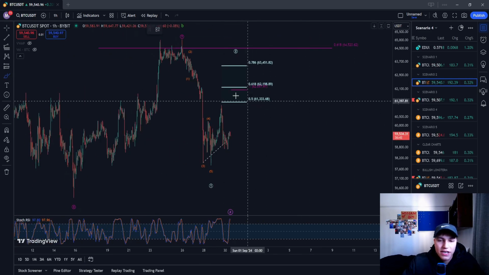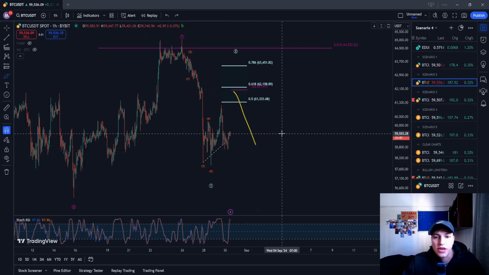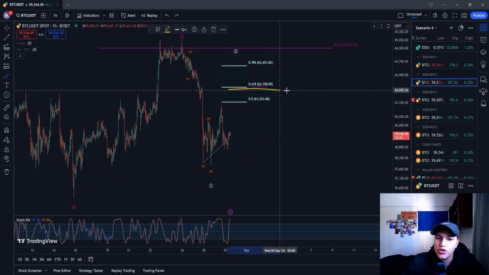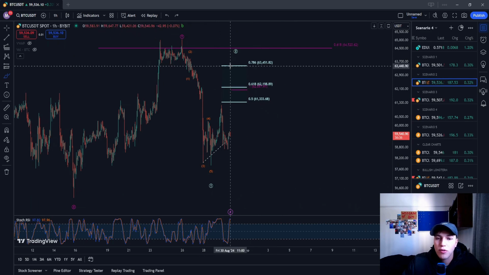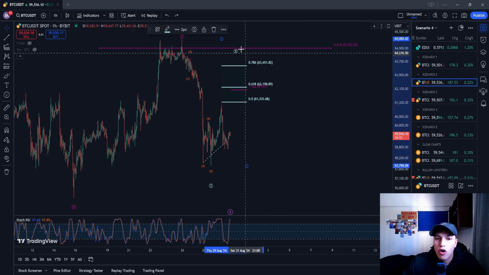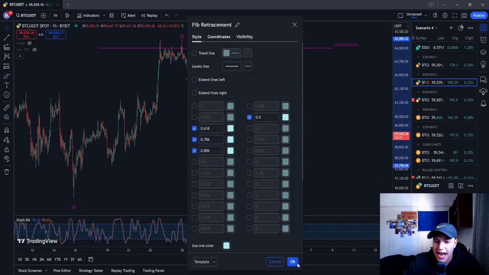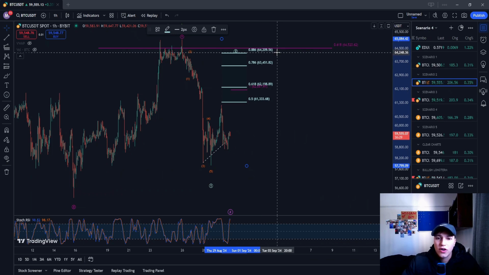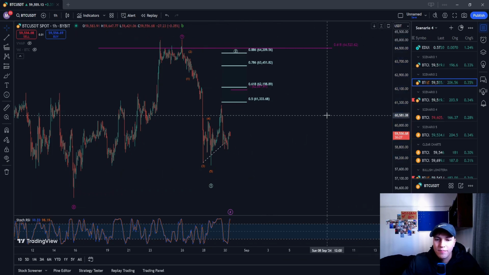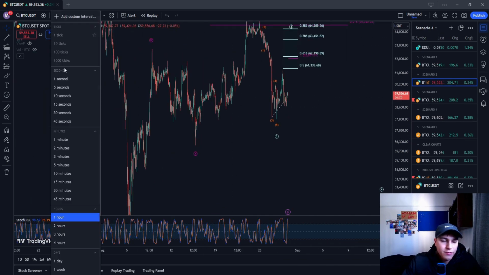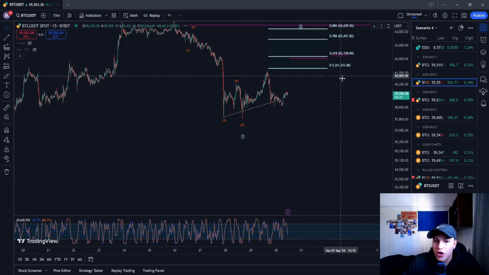You can short from there, targeting that wave 3 move. So do short from here, setting your stop loss at the 886 of this range at 64,209.